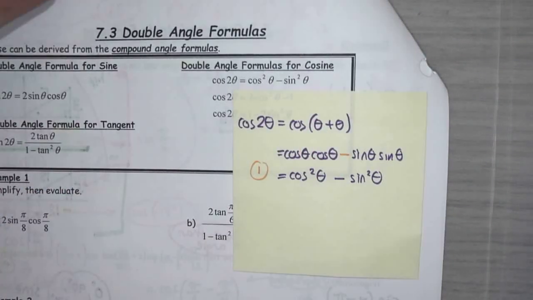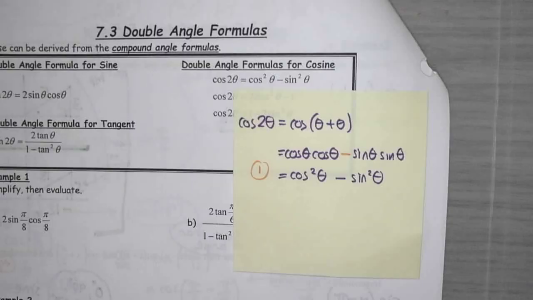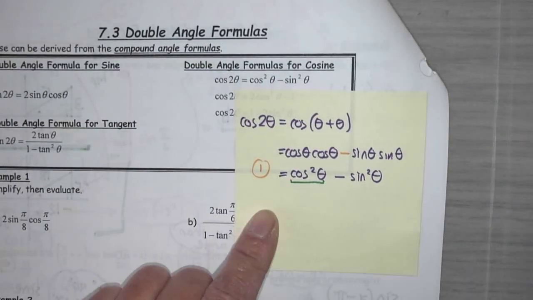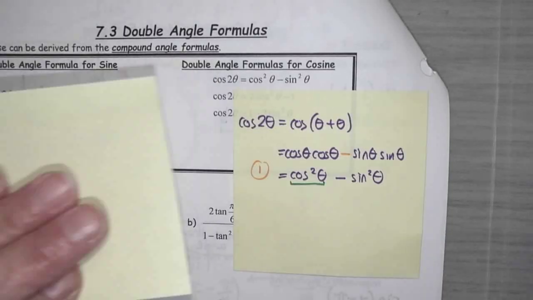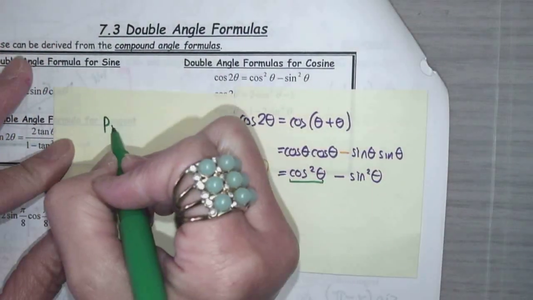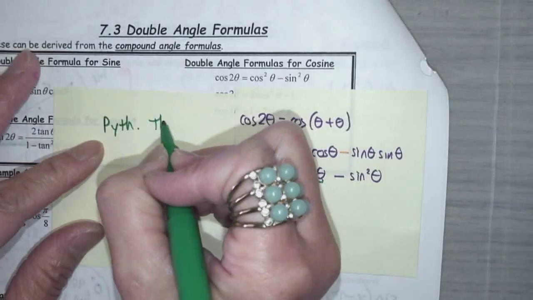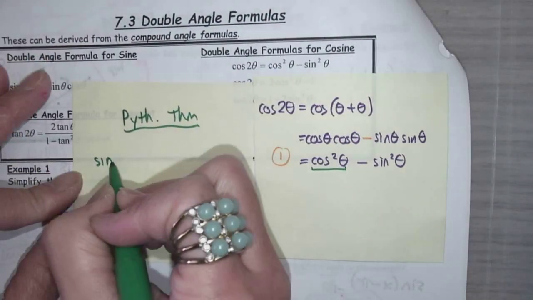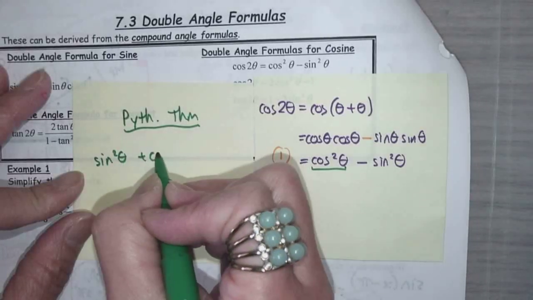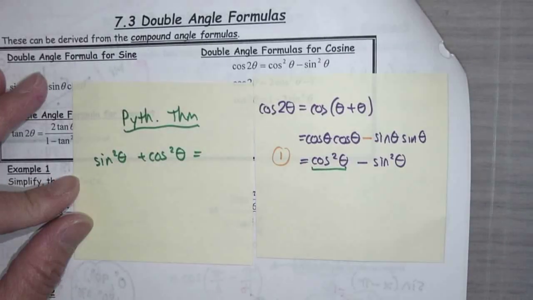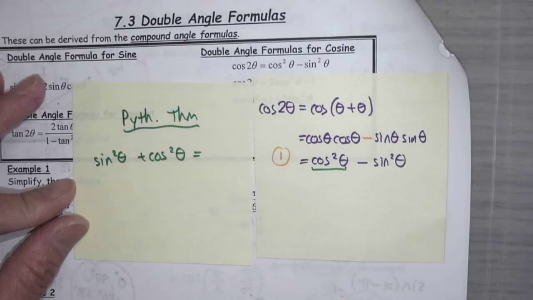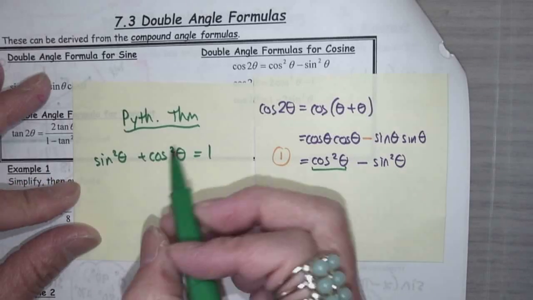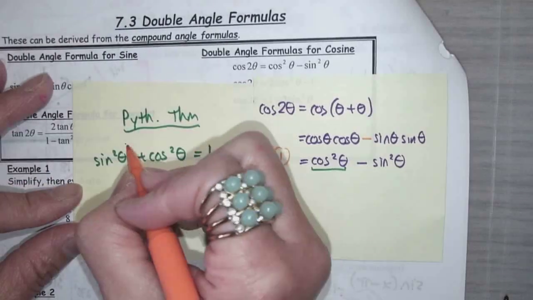Then they said, but we know this from the Pythagorean theorem. I'm going to do another post-it note here. Pythagorean from last year is sine squared plus cos squared equals 1, remember this? Whenever we had a squared, we would isolate, so I'll bring the sine squared over here.